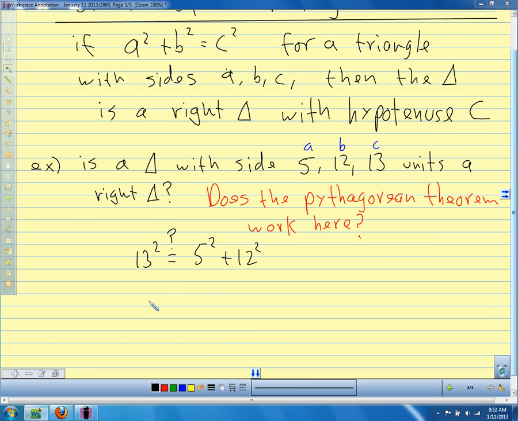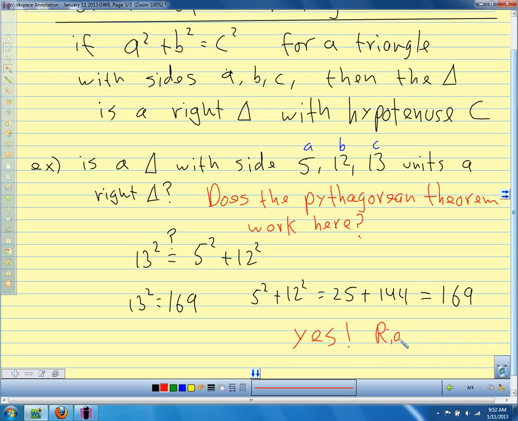Well, 13 squared is 169. 5 squared plus 12 squared is 25 plus 144, which equals 169. They are equal, so the answer is yes.